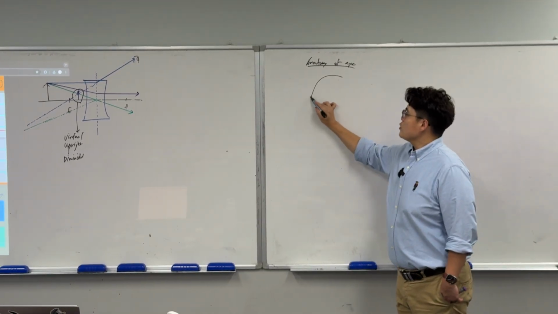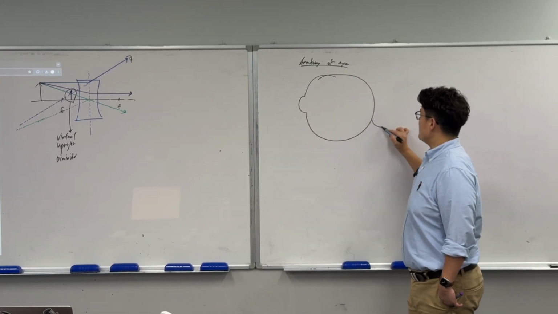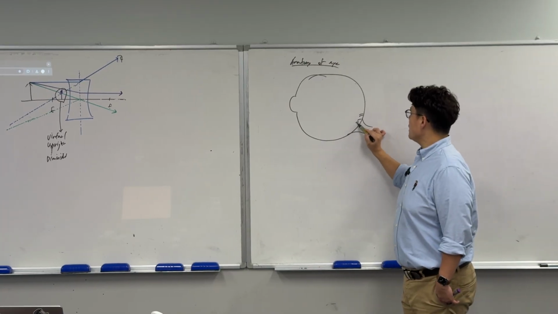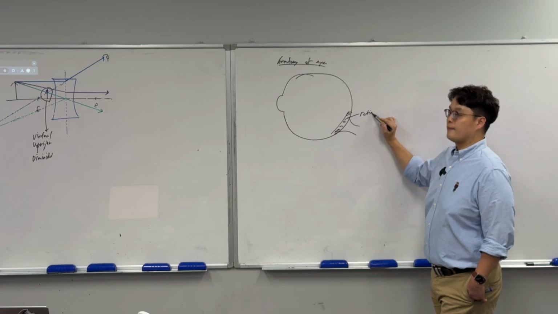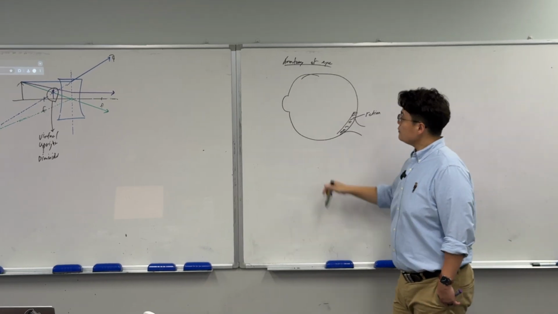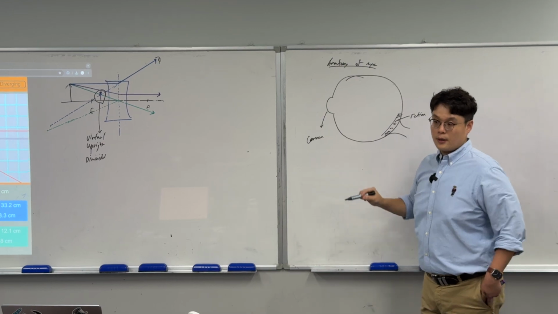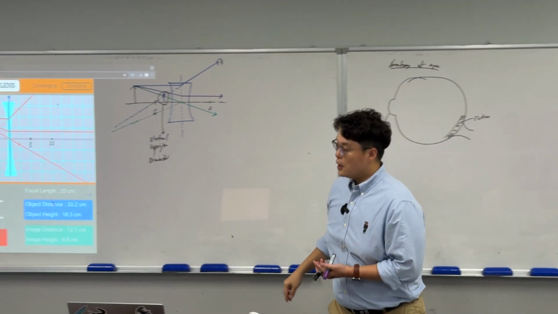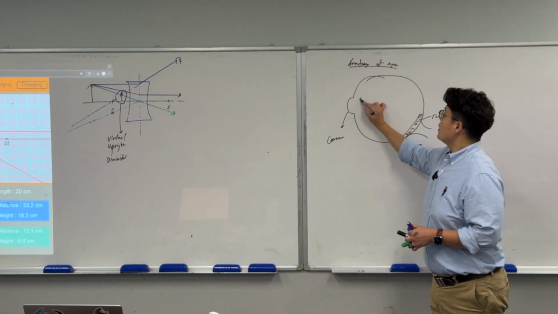The eye looks like this with a bit of cornea section, the eyeball, and we have the optic nerve at the back. It has a region called the retina. Okay, this is known as the cornea. And inside of that we have a lens. Yes, Ryan, can I help you?